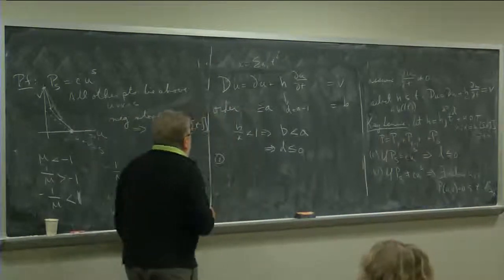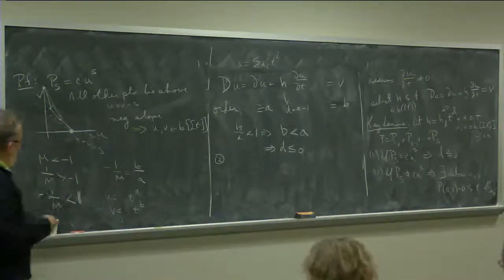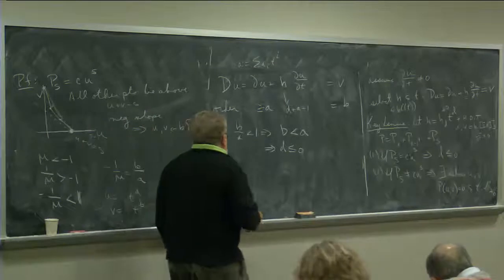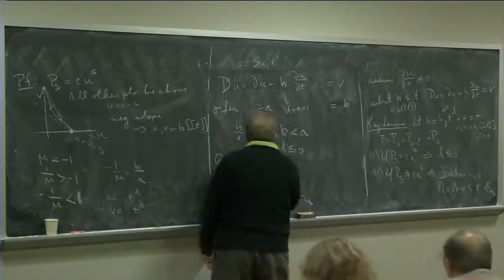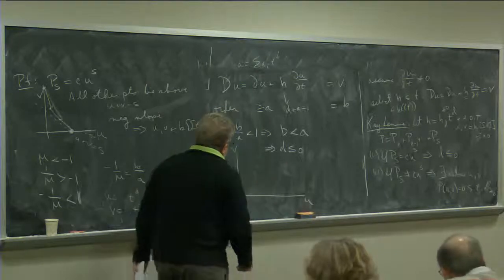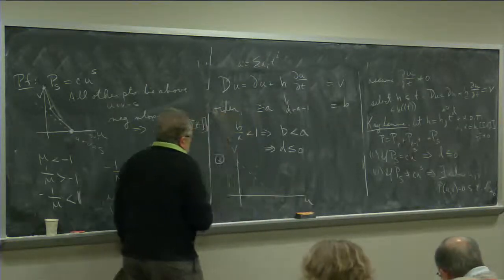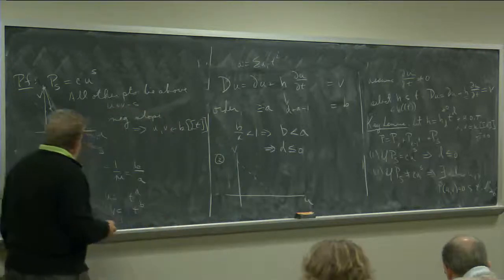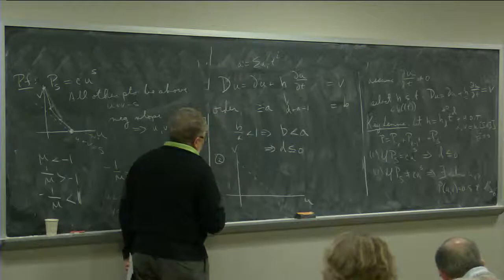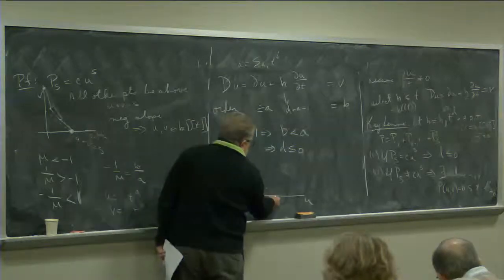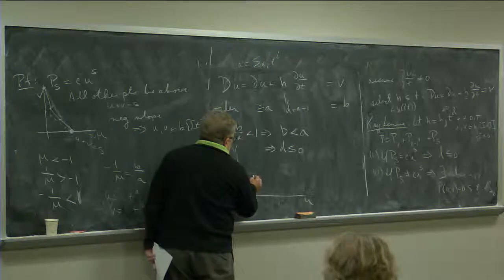So I'm not going to do the proof in the other case. What I'm going to do, rather, is when you don't have the low power condition, that means that there has to be some term up here.